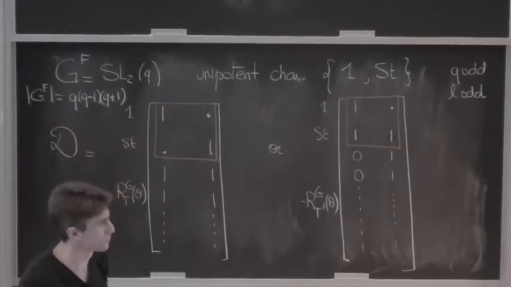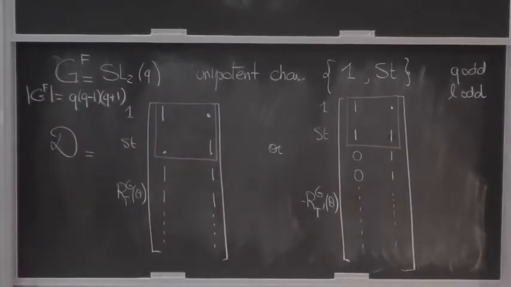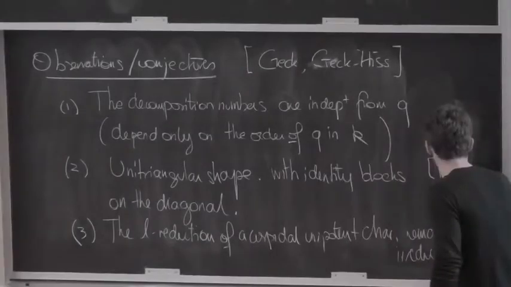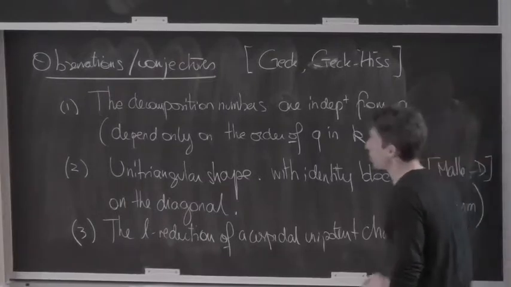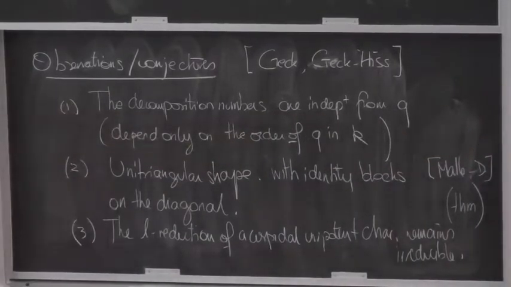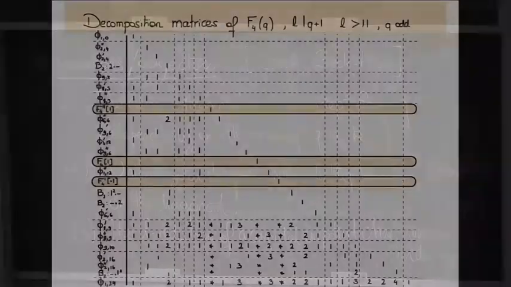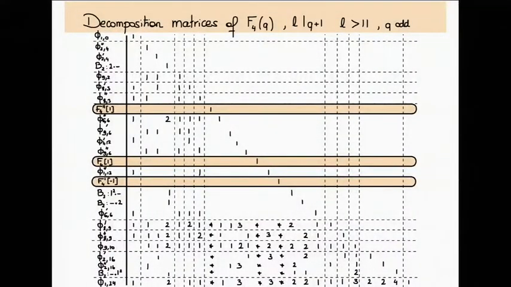Who proved the last part? It's Gunter Malle and myself, recently. Maybe I'll explain a little bit about how it works. It's related to how you show the unitriangularity of these matrices.